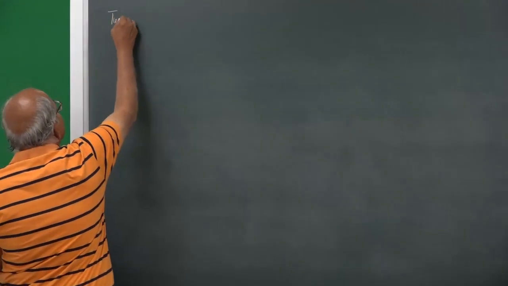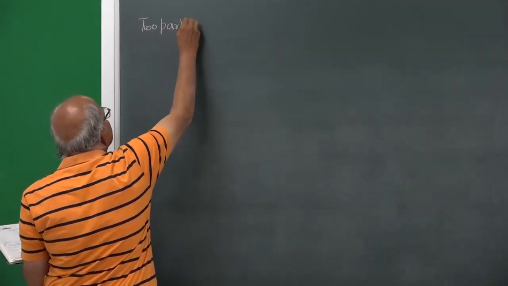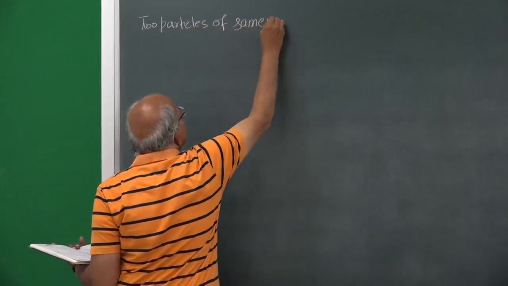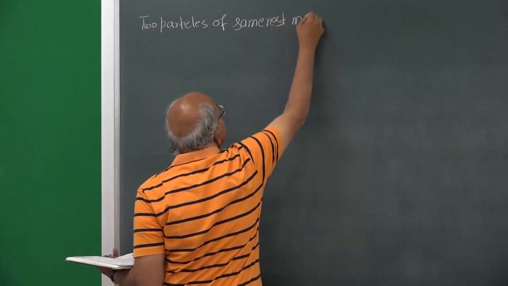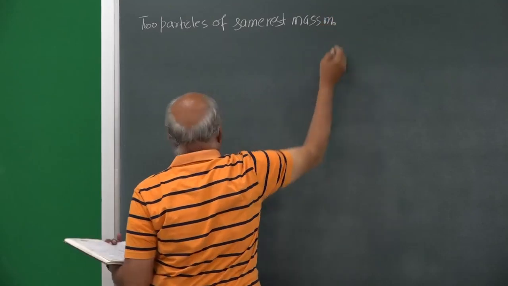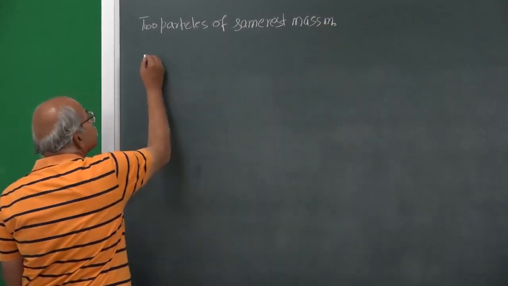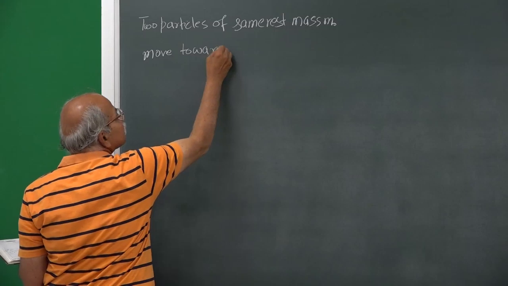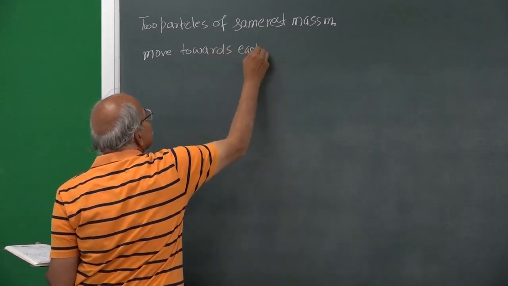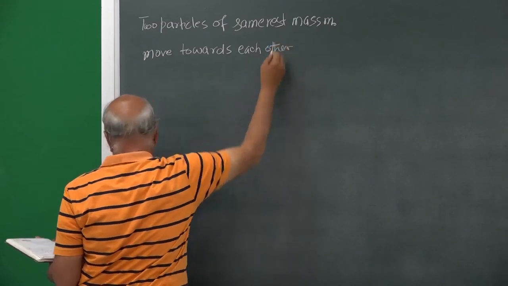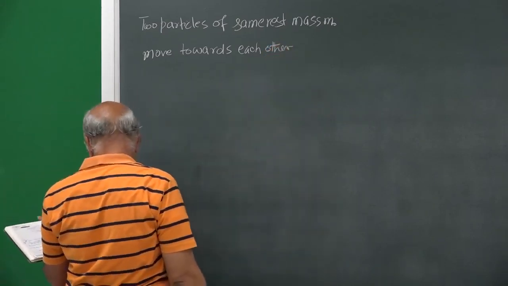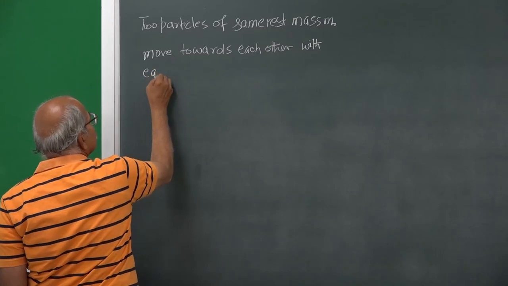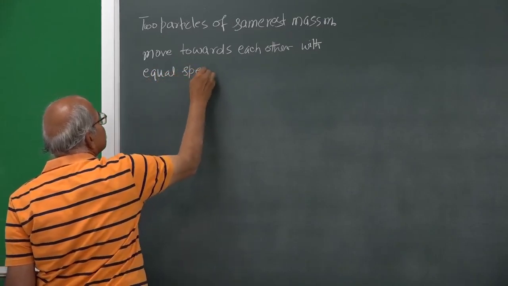The next question is: two particles of the same rest mass m naught move towards each other with equal speed v.